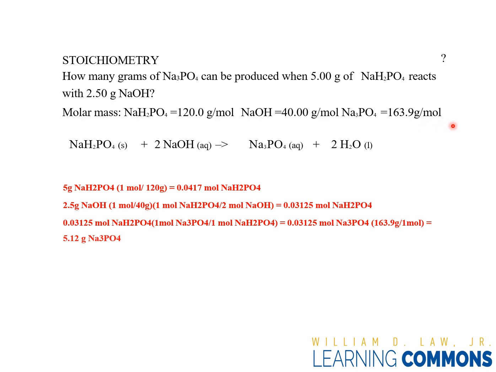Here they give me the reaction formula, and first of all I have to balance each element before I make my calculation. The sodium is 1, 2 and 3 on the reactant side, and the product side is done and okay. The phosphate is 1 and also 1. For the hydrogen, 2 plus 2 is 4, which is good, and the number of hydrogen in the product equals the reactant.